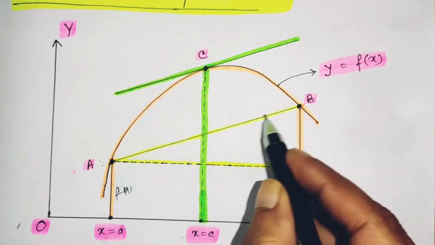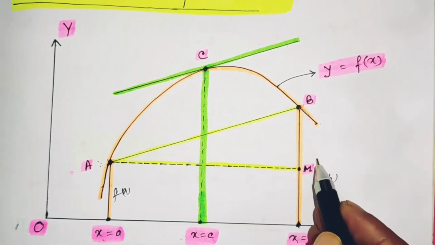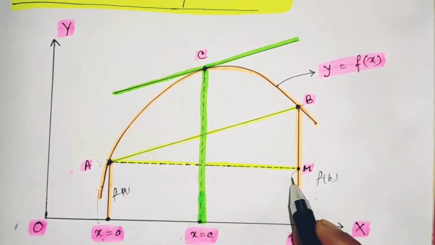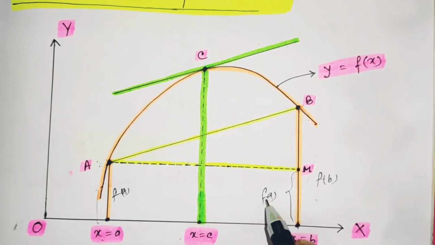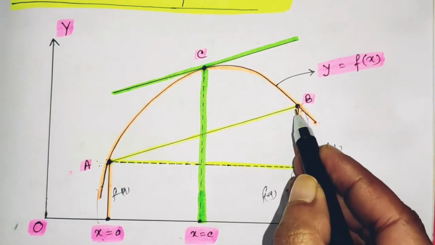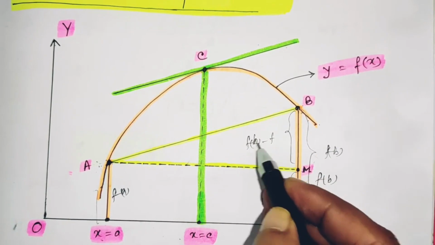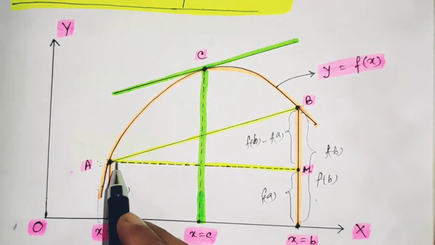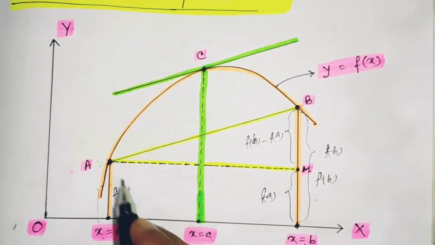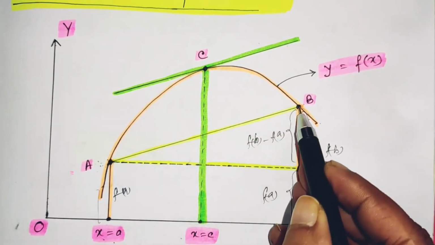Just look at what this value means. This entire portion is f(b) and this portion is f(a). So this portion is f(b) minus f(a), is it not? And this length is nothing but b minus a. So what should be the value of this one?